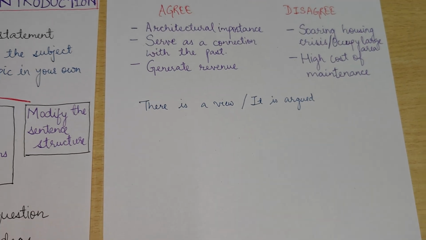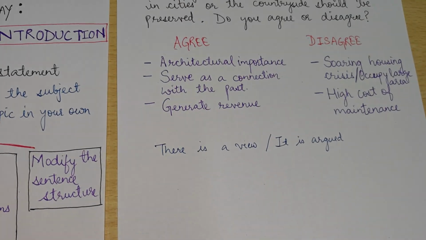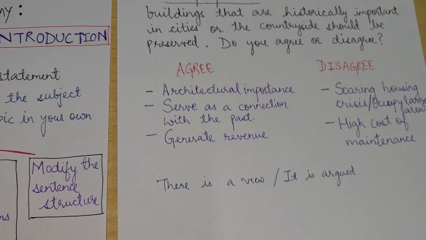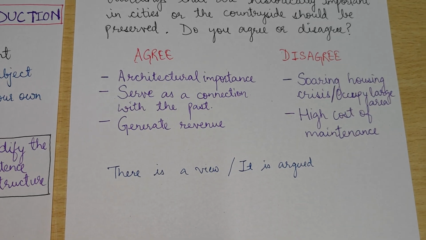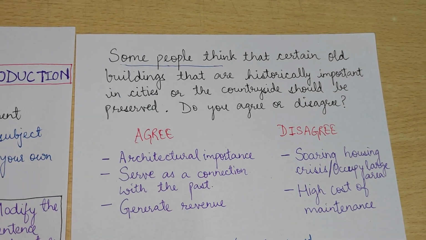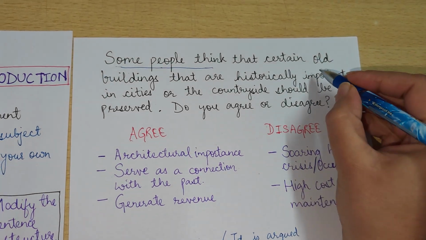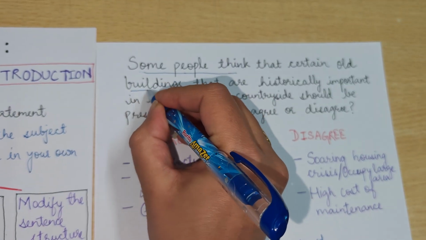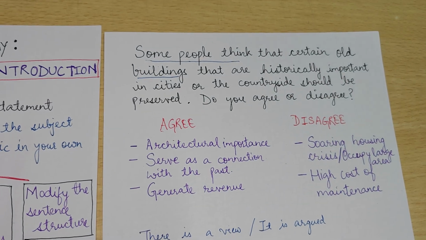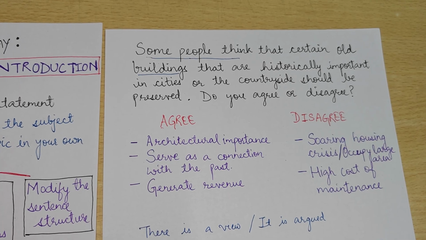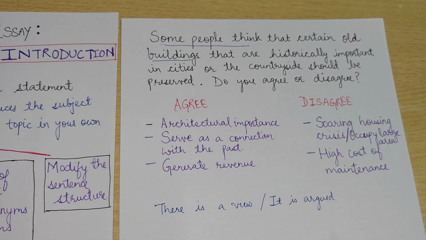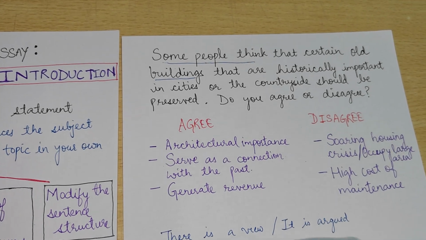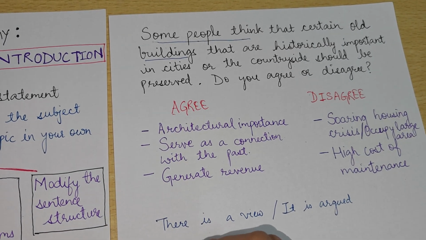So you can learn or memorize these two expressions, and always when you get this kind of question, you have this thing to straight away start from. All right, so that's certain old buildings. For buildings, we can say old structures.